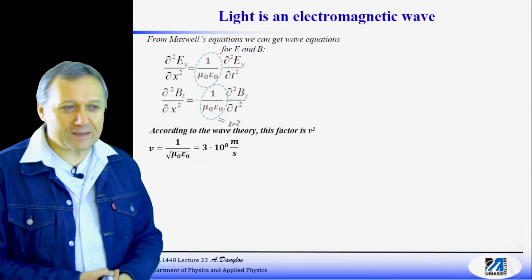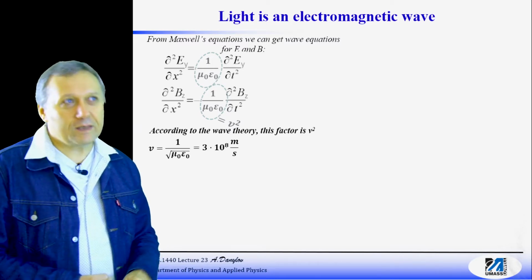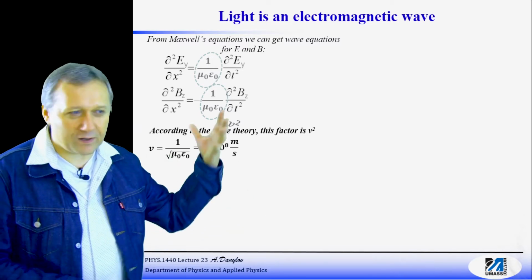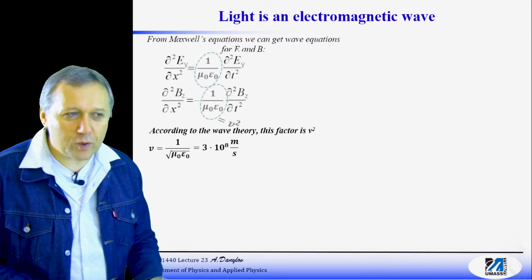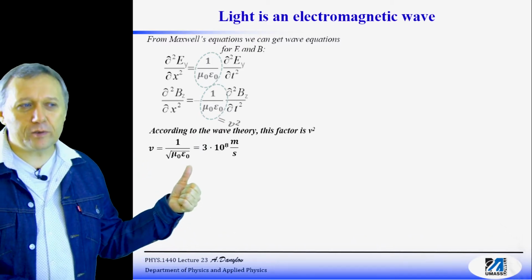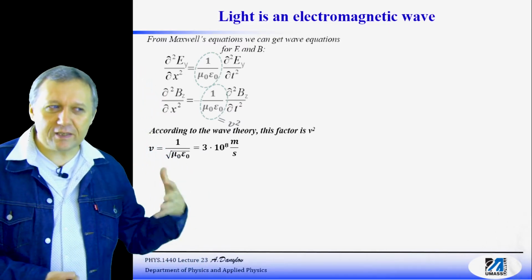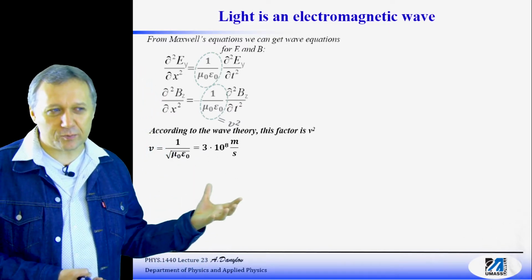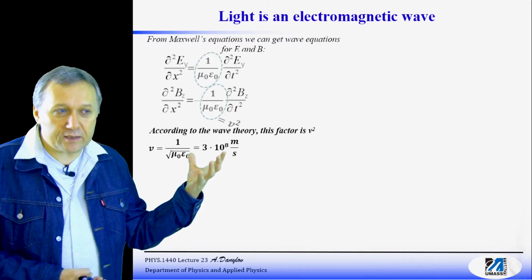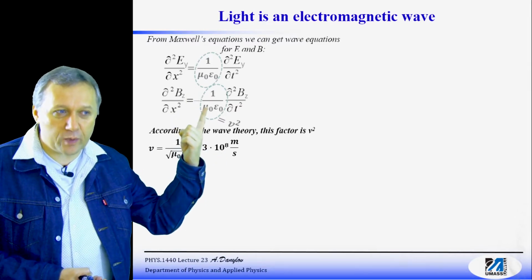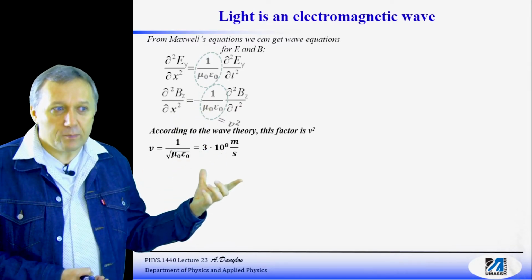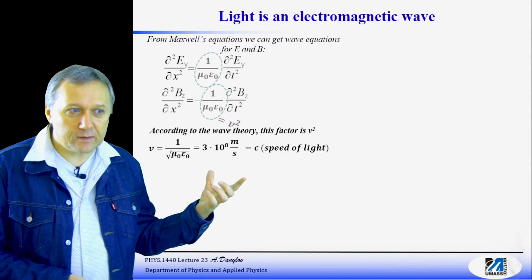If he had a weak heart, he would probably have had a heart attack. Because back then, people already knew with reasonable accuracy the speed of light, 3 times 10 to the power of 8 meters per second. And from here he was getting the speed of light: these two traveling waves propagate with the speed of light.